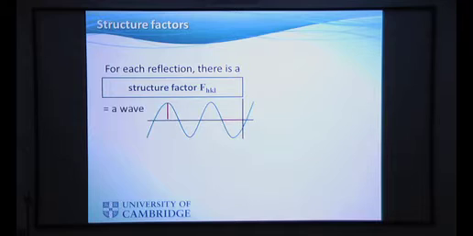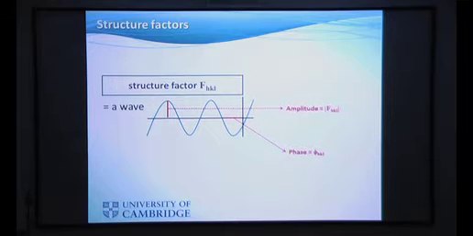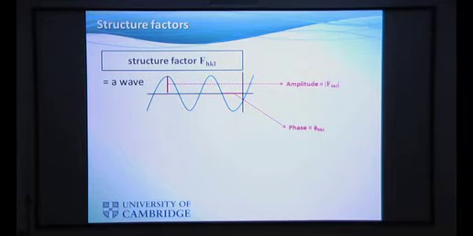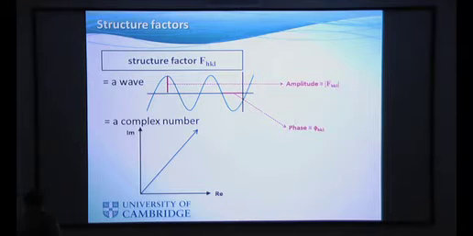A structure factor can be seen as a wave. This wave has an amplitude, which we call the absolute value of F_HKL, and a phase, which is where the peak is, where it starts. However, it can also be regarded as a vector in the complex plane. The complex plane has its real part here and an imaginary part there, and this vector would then be F_HKL. Possibly you remember from Randy Read's lecture, he said that vectors and wave functions can be regarded as the same.